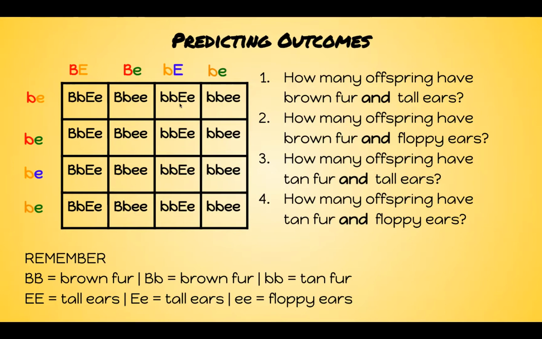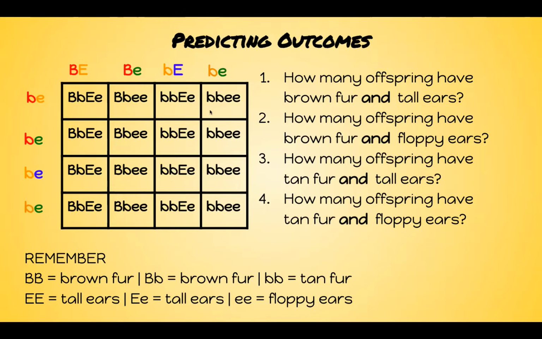So next, I have the question, how many offspring have tan fur and tall ears? So we know we need to find lowercase b, and we're going to need at least one uppercase E for those tall ears, the dominant trait. So I'm looking at this column and I have tan fur, tall ears. So that means 1, 2, 3, 4.